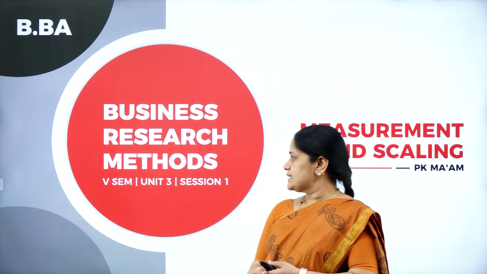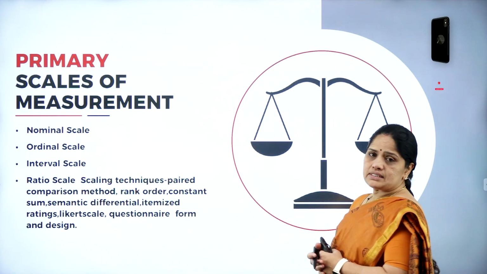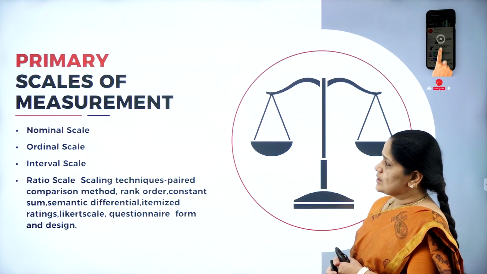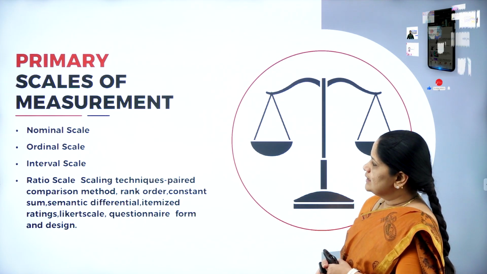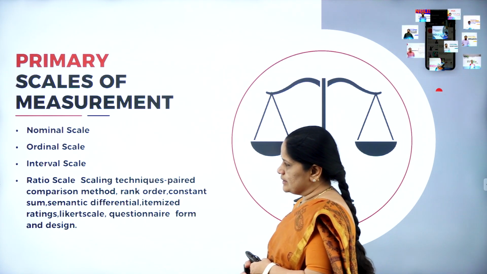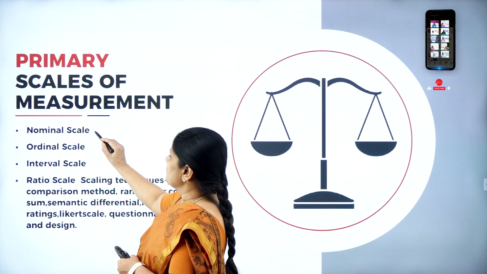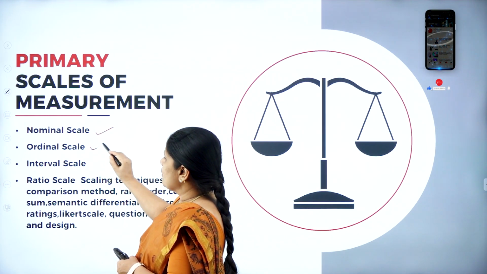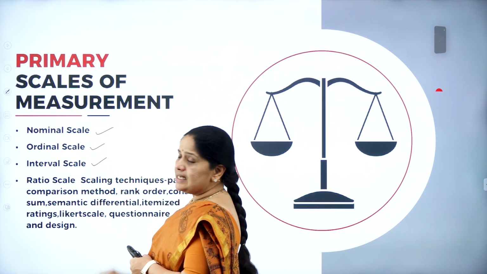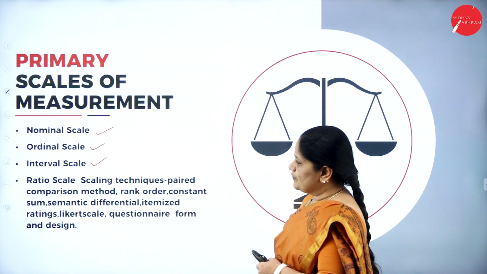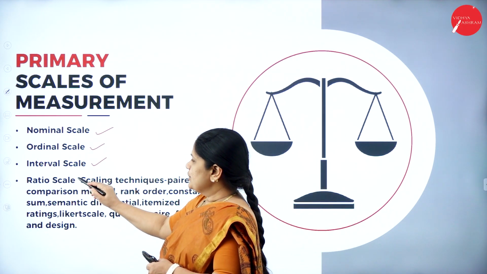In this Unit 3, Session 1, let us have a discussion on the scales of measurement. So what are the different scales of measurement here? The first one is the nominal scale, second one is the ordinal scale, third one is the interval scale, and fourth one is the ratio scale.